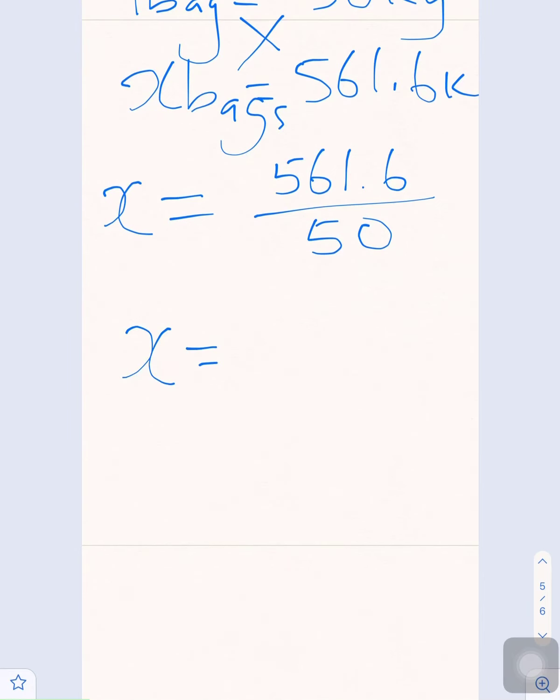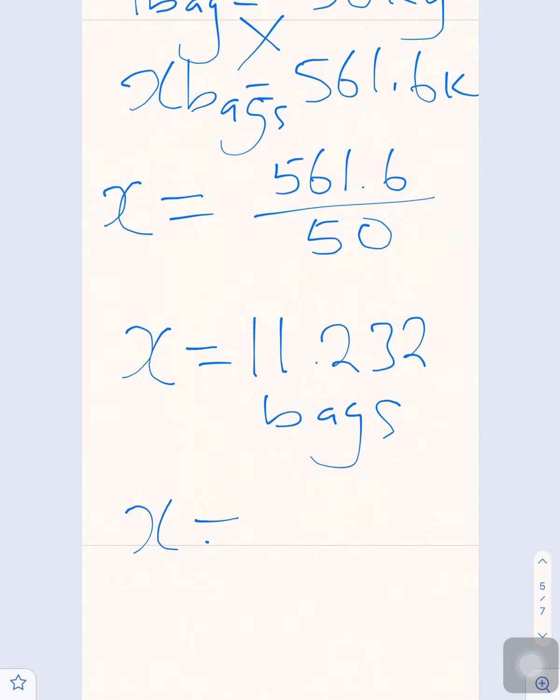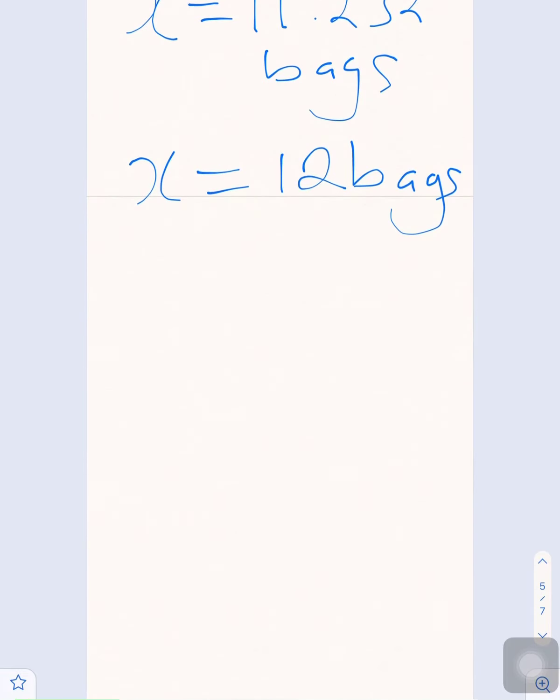We do the division, 561.6 divided by 50 kilograms, which gives us exactly 11.232 bags of cement. So to be on the safe side, we can round it off to 12 bags of cement. So 12 bags of cement would do for our slab, which is 2.12 cubic meters.